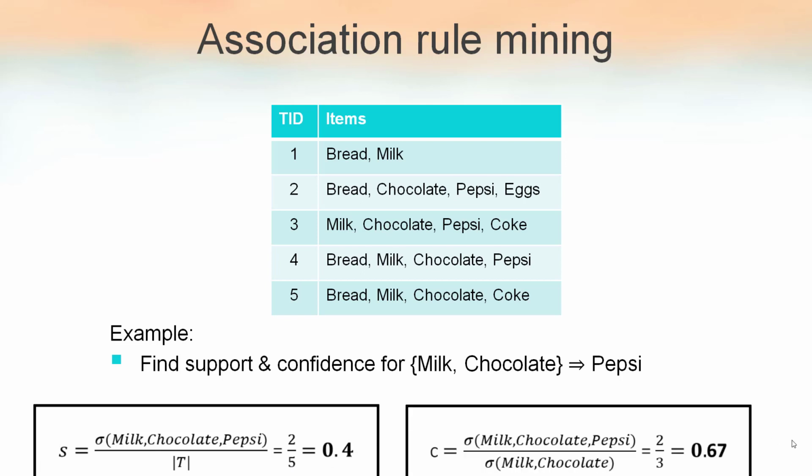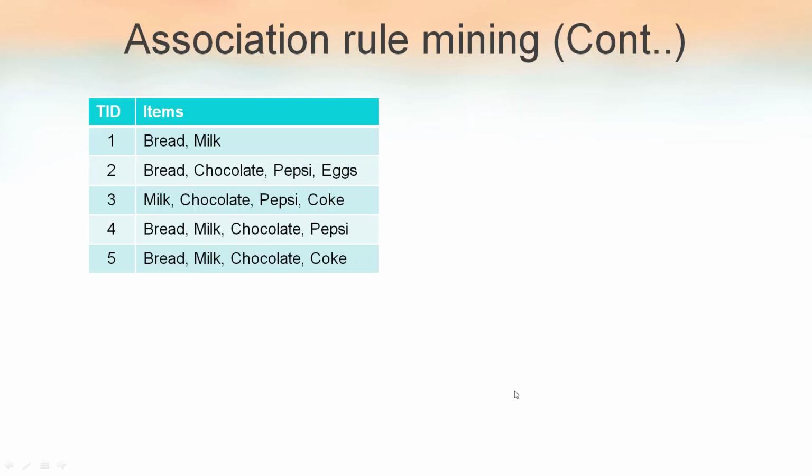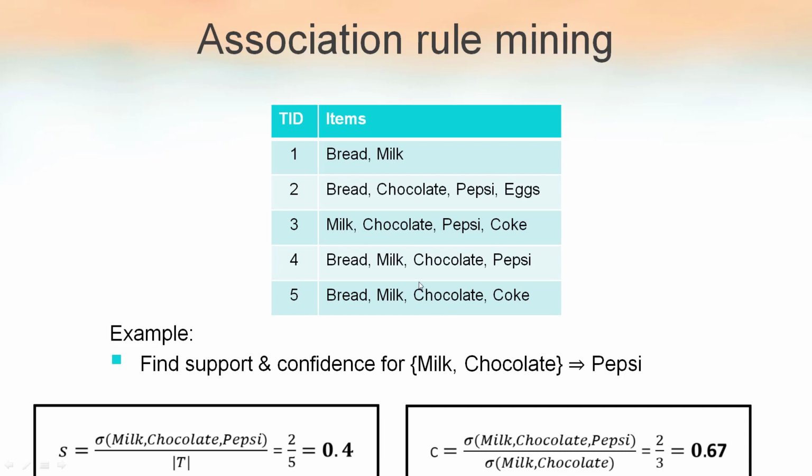Confidence: we have 3 transactions in which we can see milk and chocolate together, transaction 3, transaction 4 and transaction 5. From these 3 transactions, only 2 transactions have milk, chocolate and Pepsi together. So this is called confidence.